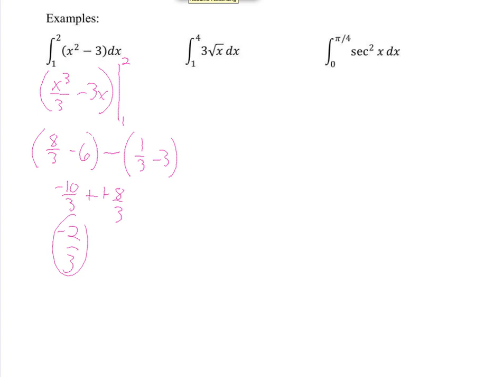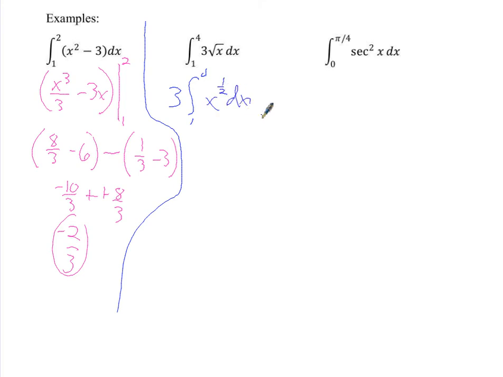So let me draw a little fence here. And what are we going to do on this one? This 3 can be written out front. Integral from 1 to 4 of x to the 1/2 dx.